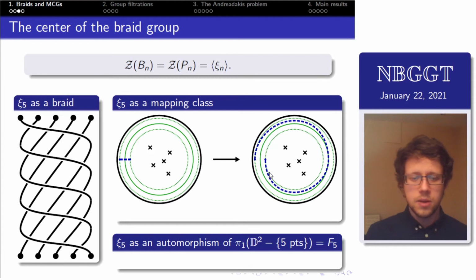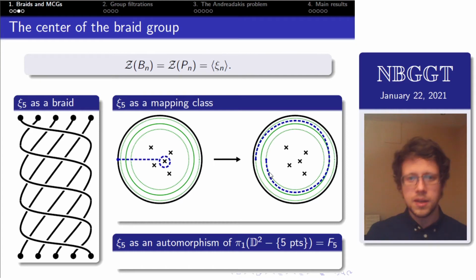We can also look at xi-n as an automorphism of the fundamental group of the disk minus endpoints. So at least there is an automorphism which is associated to it, and we'll see in a moment that this automorphism determines in fact xi-n. So here is a generator of this fundamental group.